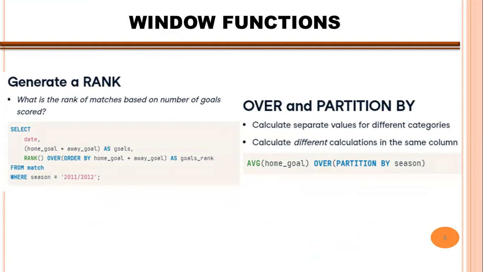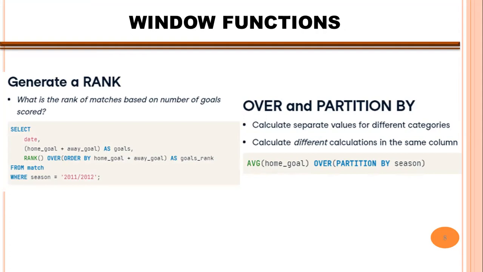You will simply write your main query, then your subquery, or without the subquery, you can also write it. The syntax would be rank, parenthesis, over, again parenthesis, order by, and then in the order by syntax, you will write your given condition. Like in this, you have to find the rank of the matches by home goal plus away goal.